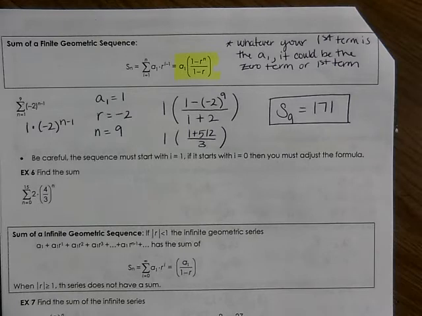Okay, so let's do 1, press 1 minus negative 2. If you're getting 0.667 after the 171, it's because you did not put parentheses around your numerator.